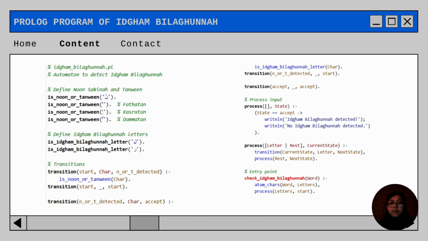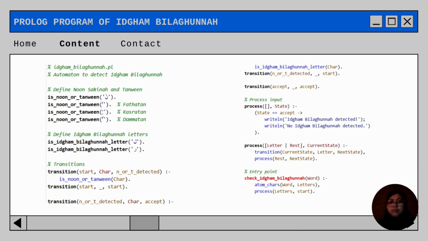Then we implement the DFA in Prolog, a logic programming language well suited for automata and rule-based systems. The program defines the inputs, which are nun sakinah and tanween, and the target letters lam and ra. Transition rules are written to move between states based on the input characters, and the process function recursively checks each character in the word and updates the state according to the rules.